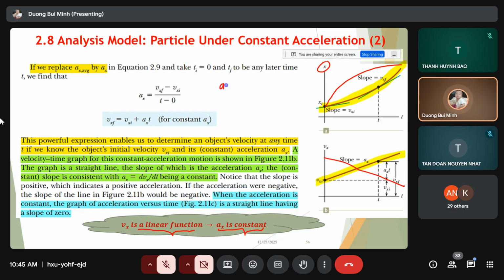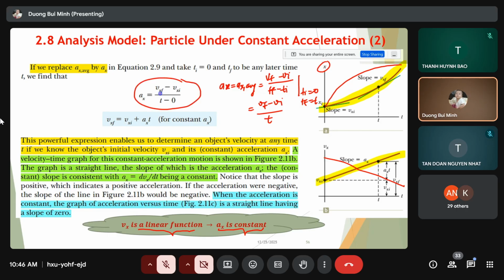And then we know Ax average. Ax average is what? It is Vf minus Vi over Tf minus Ti. Normally Ti is 0 and Tf is T, so we can get Vf minus Vi divided by T. Here they write Vxf minus Vxi divided by T. Why?